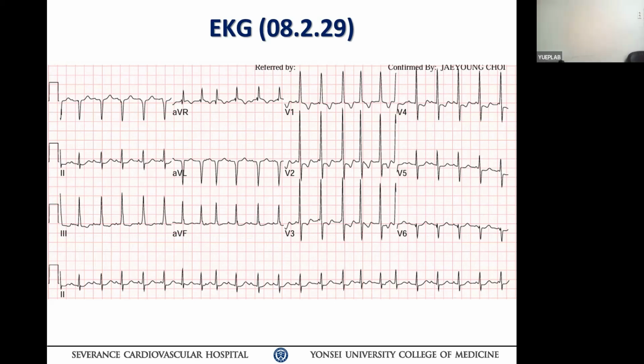I think it's a complex ECG. That's true. Actually, I have no clue. So, what do we have to differentiate based on this ECG?